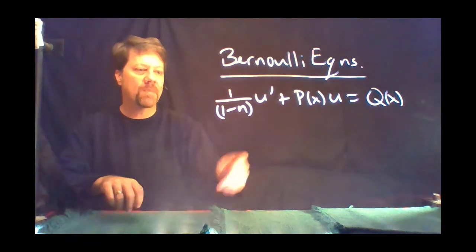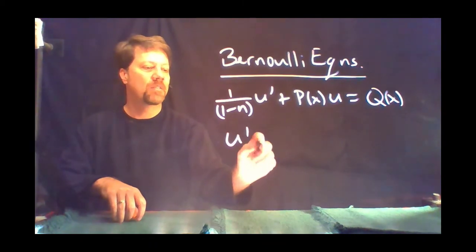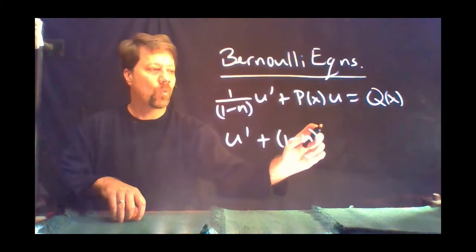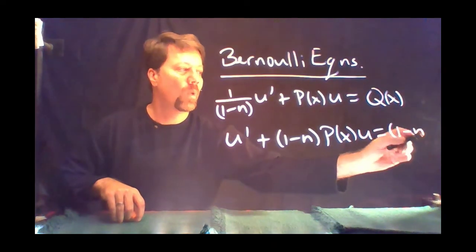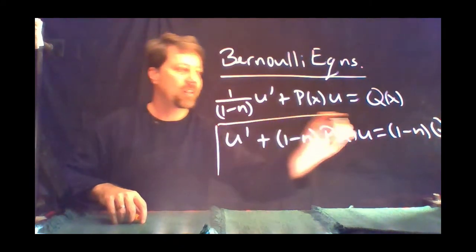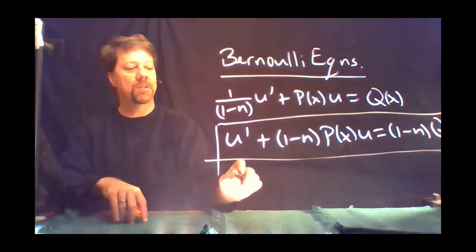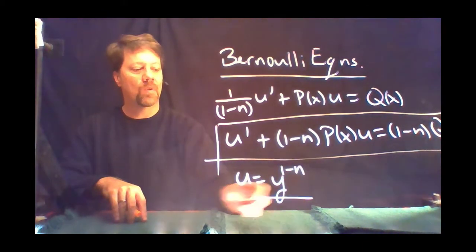Multiplying both sides by 1 minus n, we get u prime plus the quantity 1 minus n p of x u equals 1 minus n q of x. We get this first-order linear equation based on the substitution u equals y to the 1 minus n.